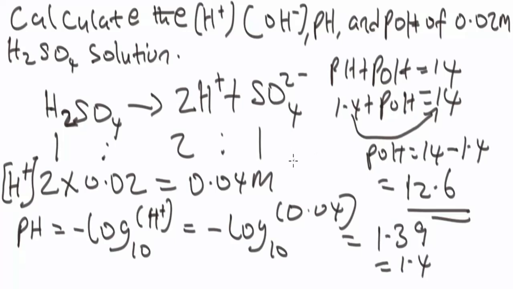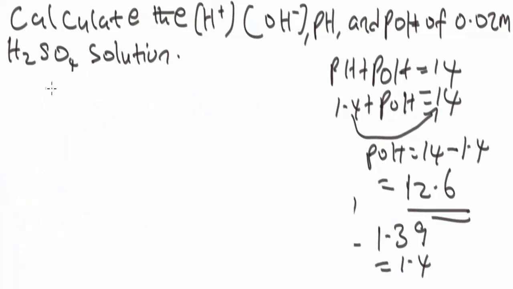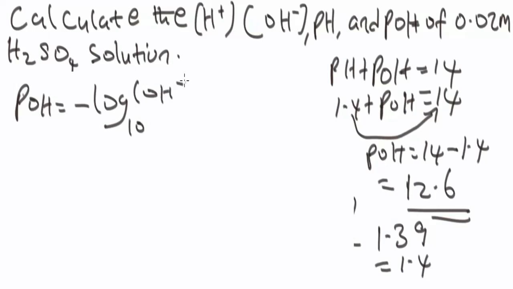Now lastly, let's get the hydroxyl ion concentration, the OH ion. Let's wipe these parts. For the hydroxyl ion concentration, remember pOH equals negative log base 10 of the hydroxyl ion concentration.